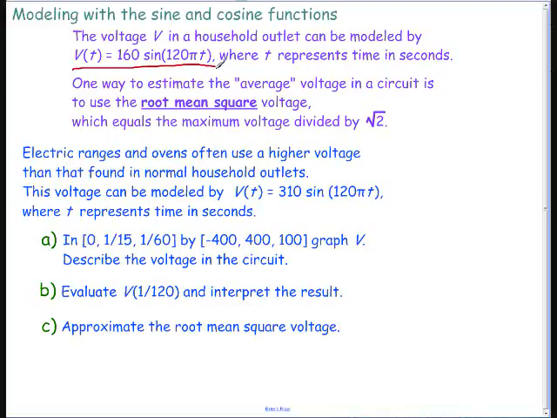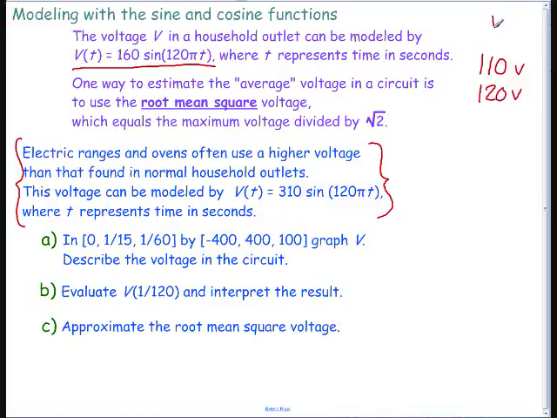Oh, no. That's this one down here. Or 220. This one. Electric ranges that use the higher. But for the one we usually use, it's 110 or 120 volts, right?